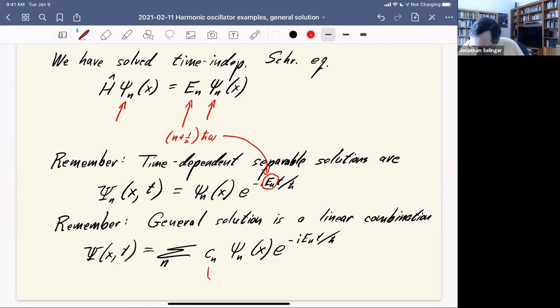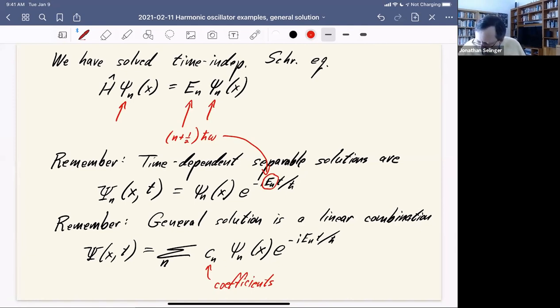These coefficients say how much of each of the states you have in the mix, like making a recipe, how much of each ingredient goes into the mix.